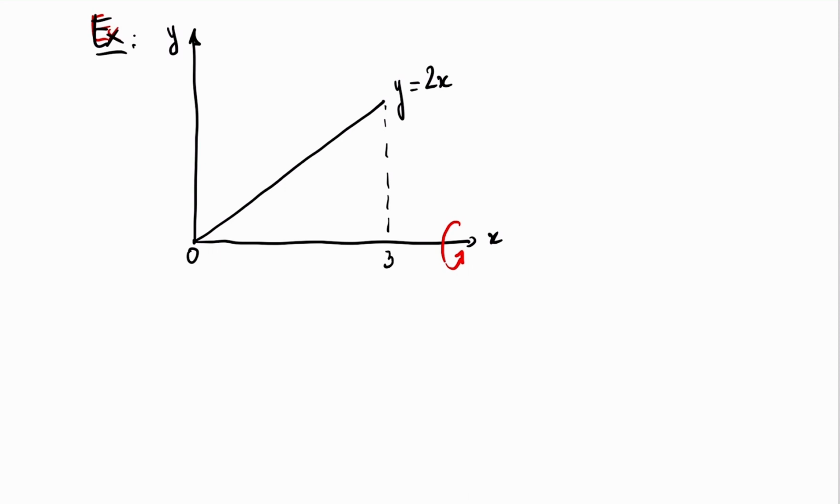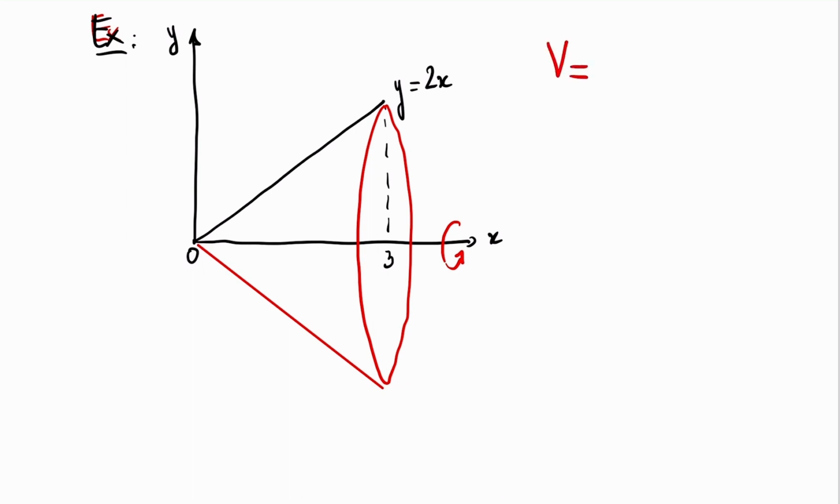So the volume of the solid that would be created, I'm sure you would agree with me, is a cone. So the volume would be the integral between 0 and 3 of pi times, using the formula before, f of x squared dx.